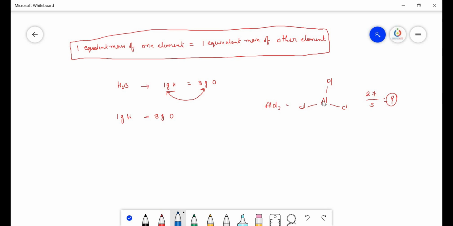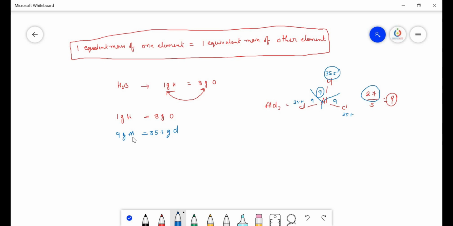So out of 27 grams, aluminum contributes 9 grams towards each bond, and chlorine contributes 35.5 grams from its side. So 9 grams of aluminum combines with 35.5 grams of chlorine, because one equal part of the aluminum mass is 9 grams and one equal part of the chlorine is 35.5 grams. Here we can write that 9 grams of aluminum always combines with 35.5 grams of chlorine.